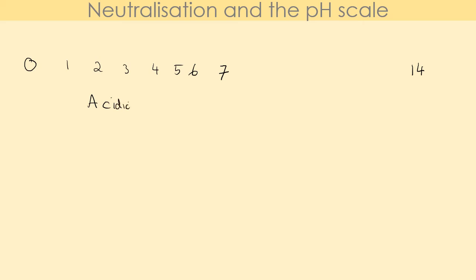Now, acids will all release H+ ions. So they all have hydrogen ions. The more hydrogen ions there are in a solution, the more acidic it is. The other side of the pH scale, so going from 7 up to 14, we have our alkalines.